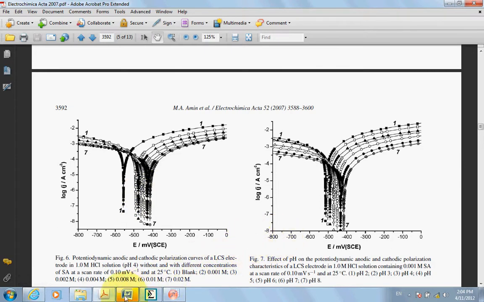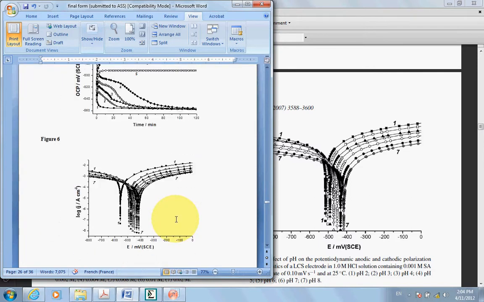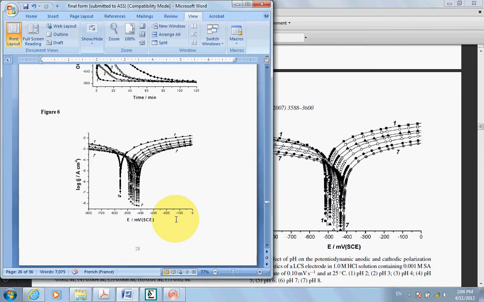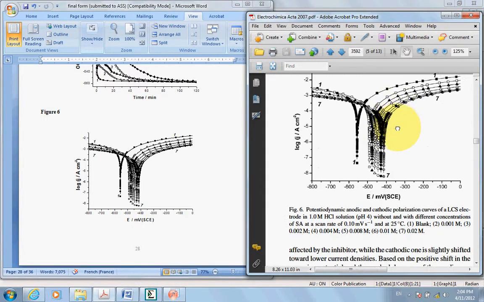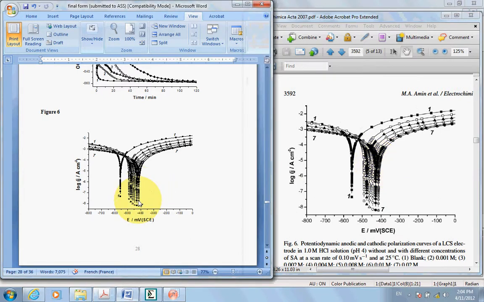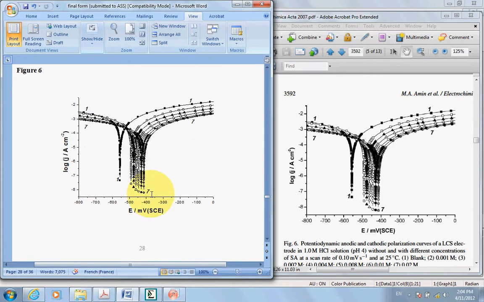We will take figure 6 from the Word file that we got. This is figure 6 here, and we have this figure 6 in the article.